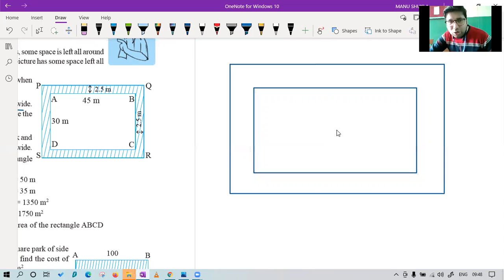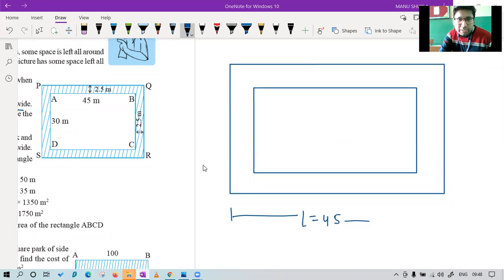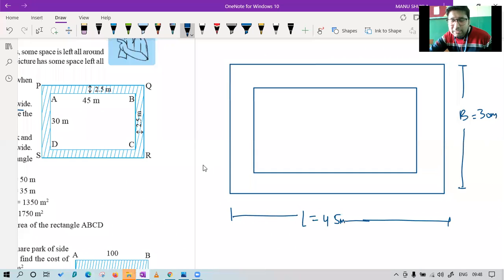They are saying the outside rectangle length is capital L, 45 meters. Then capital B is given as 30 meters. Then they are saying the width of the path is 2.5 meters all throughout.